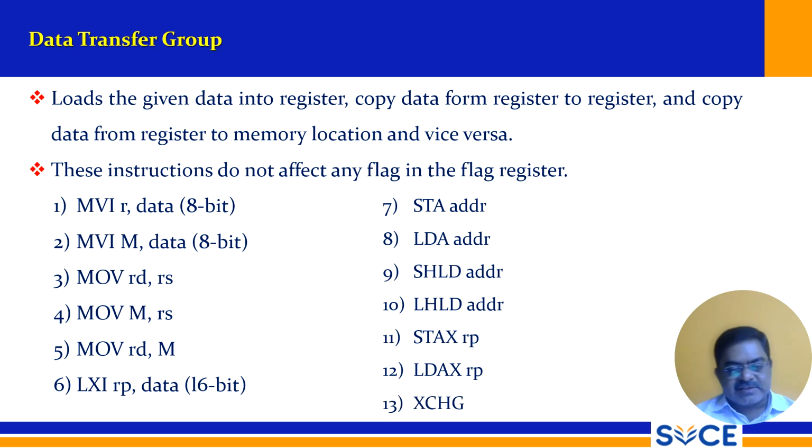This is an exchange operation. So these are the 13 instructions. We will see them one by one, and any one can be a 2-mark question, or this whole group can be a 5-mark question, or even a 10-mark question.